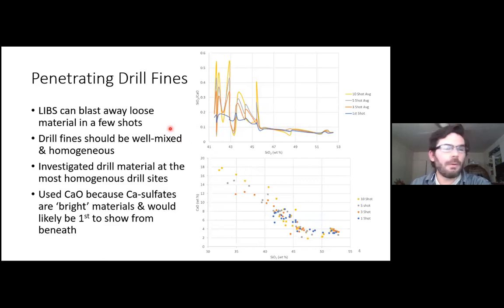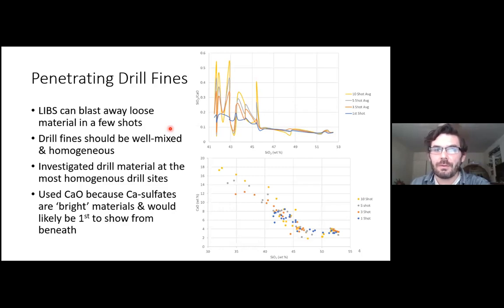So I wanted to do some housekeeping first, because I'm going to talk about a few things, and if we don't talk about them now, some things may not make sense a little bit later on. The ChemCam instrument uses laser-induced breakdown spectroscopy, which is a very energetic process, and it can blast away loose material in only a few shots.